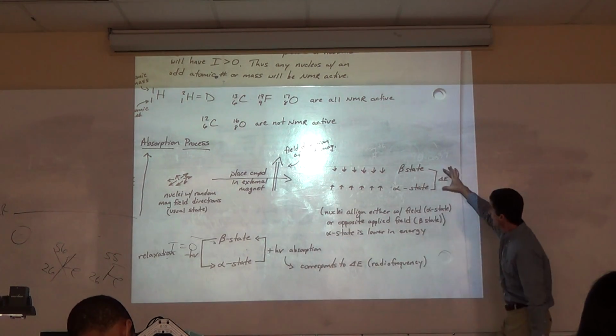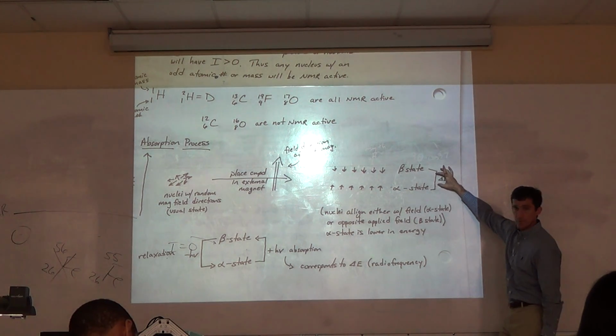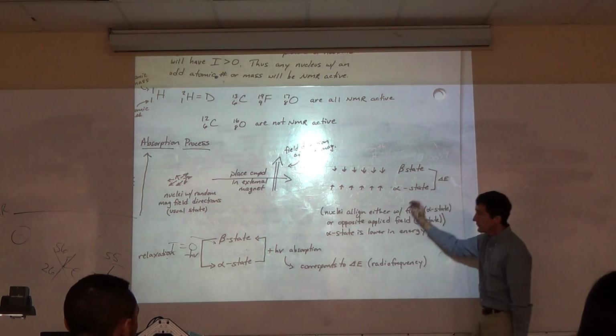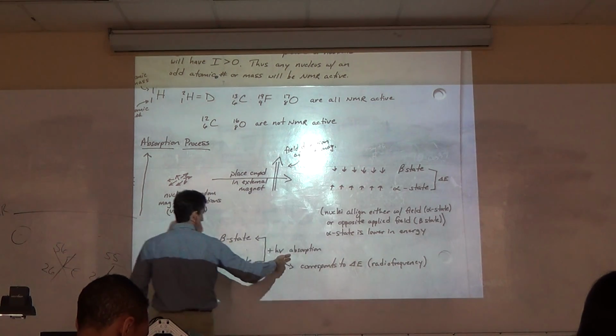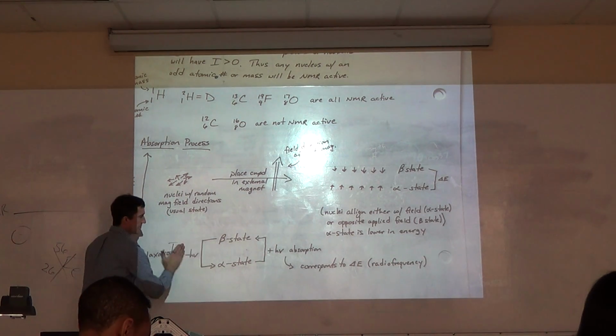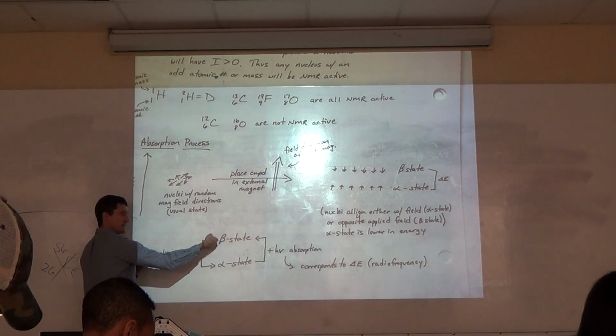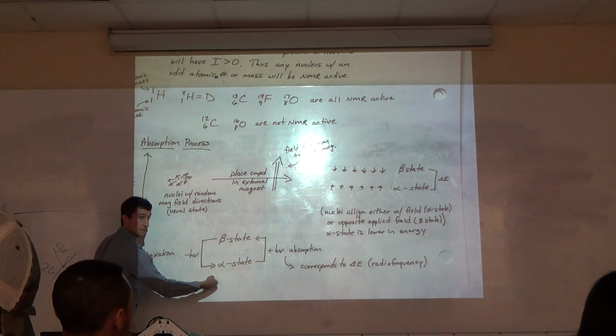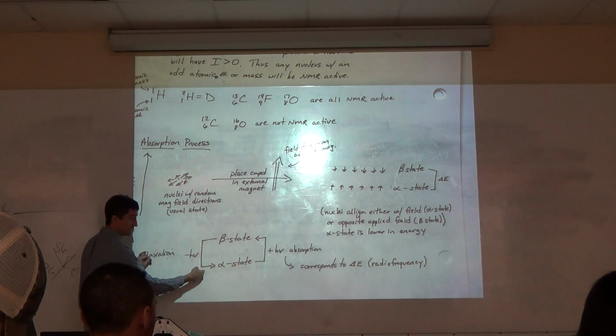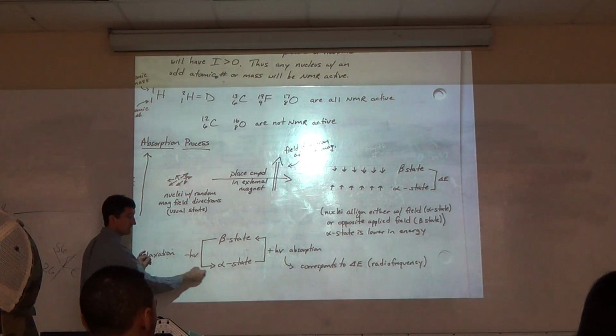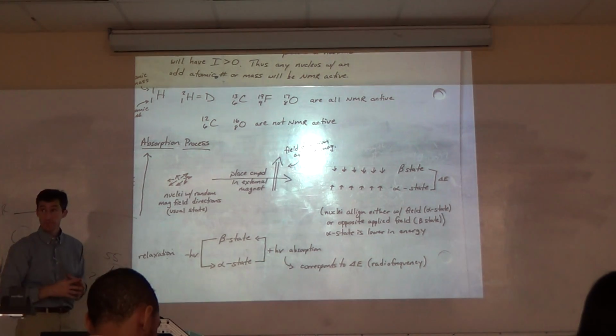But then, so now we can plot the absorbance. By the way, the other way is the ones in the beta state can relax and give the energy back off and relax back down to the alpha state.